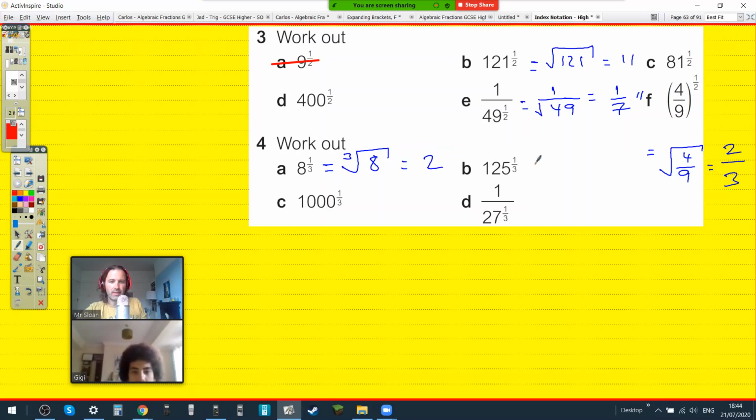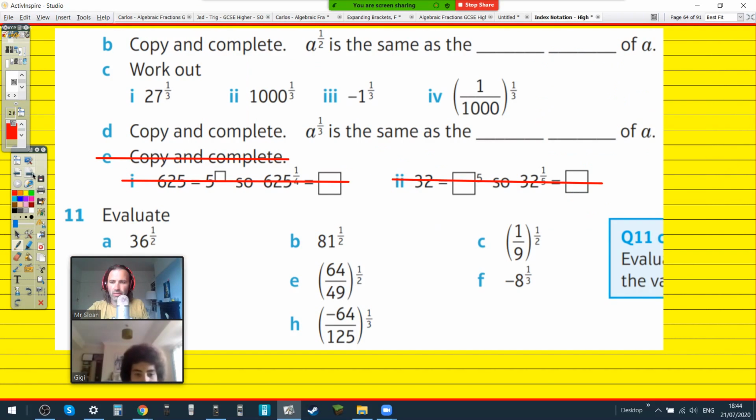Yeah. How about B? Cube root of 125, which is 5. Well done. I think we get the idea there. Power of a half, square root, power of a third, cube root.